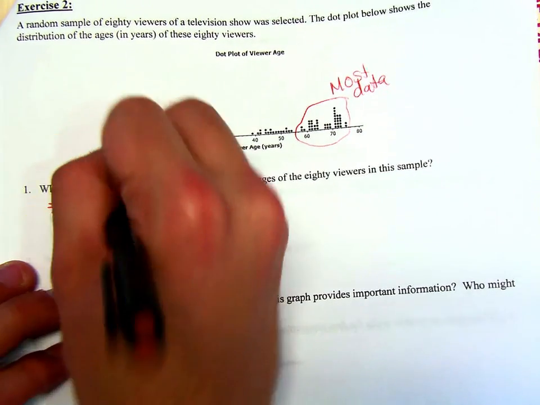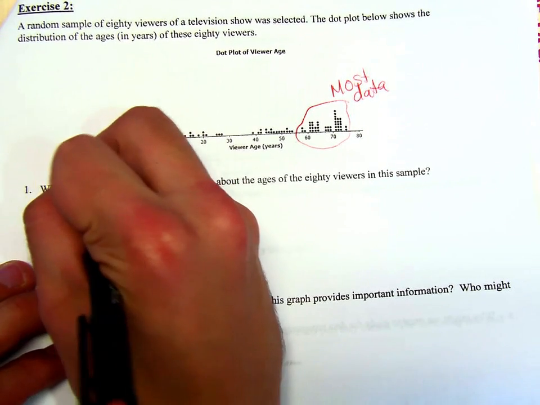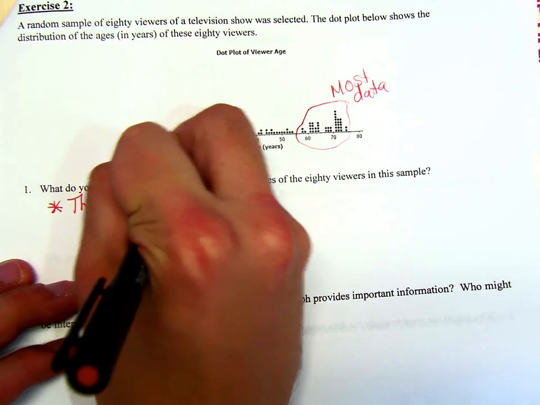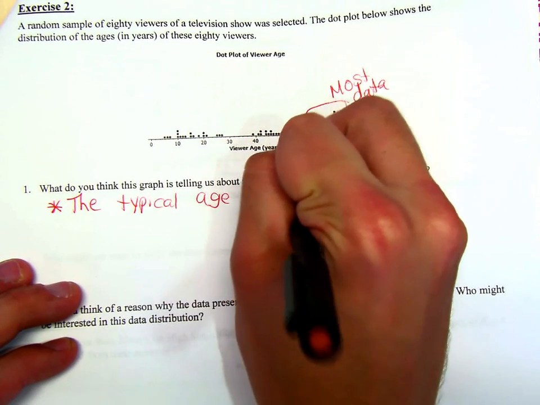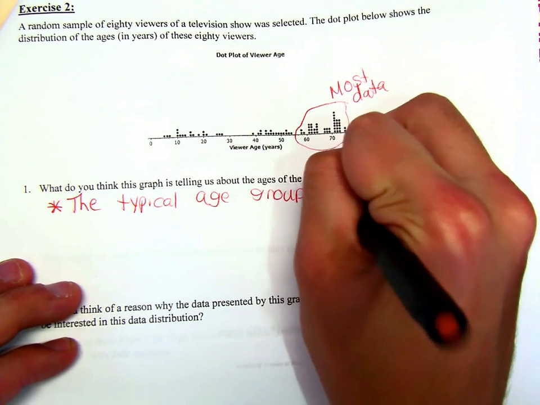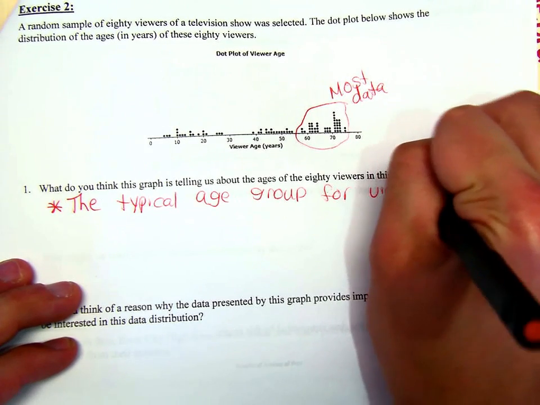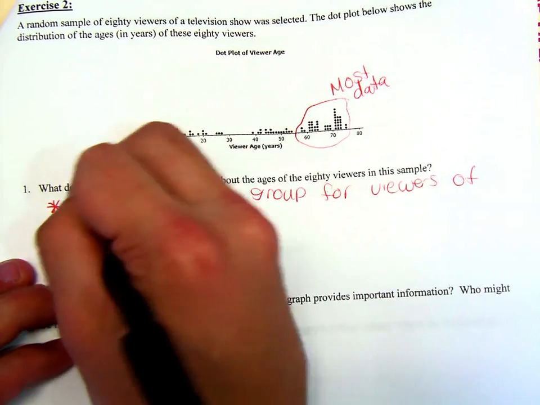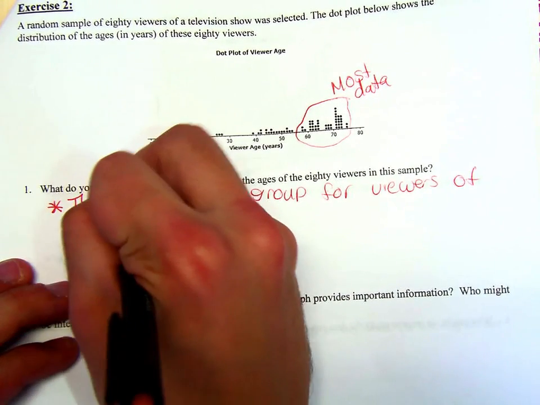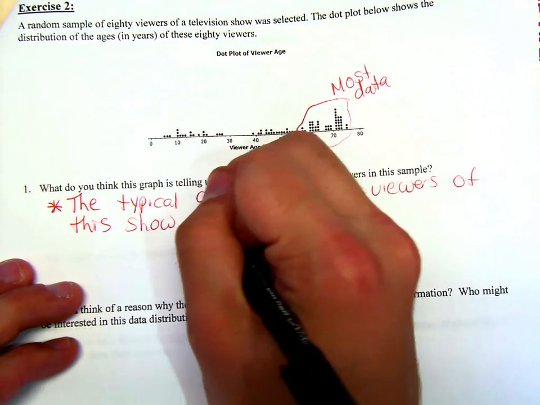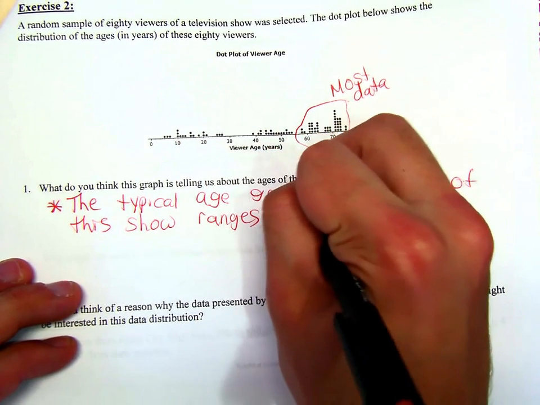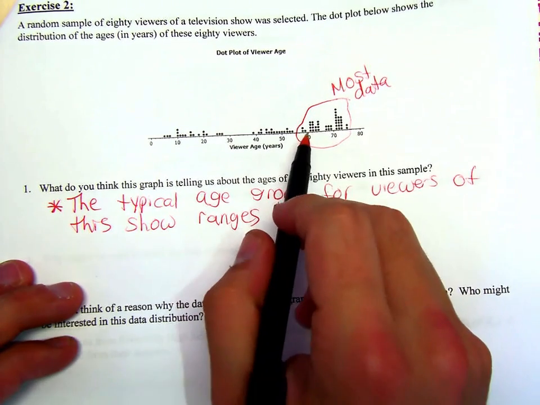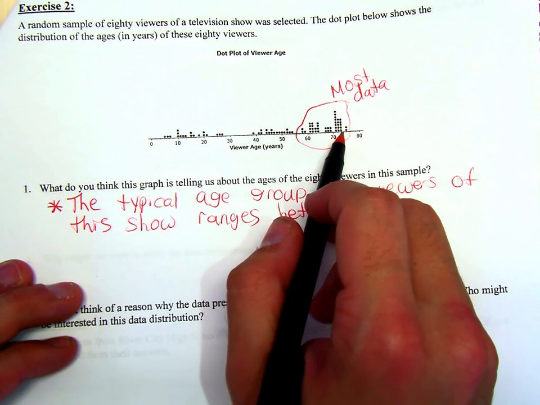Okay? So we could say the typical age group for viewers of this TV show is, we could say, ranges between about probably 60 to 70, or 75 we could say.